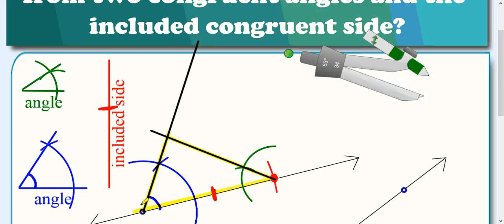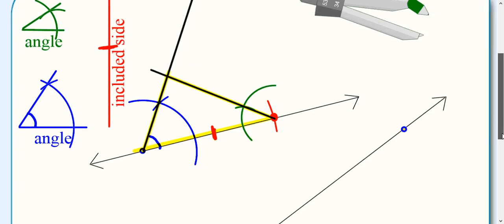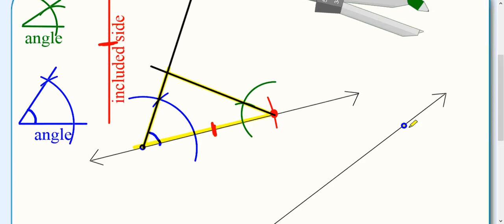So we're going to do the same thing on this other line. We're going to try to make it different. Last time I did blue angle on the left and green angle on the right. We'll switch that around. So let's do the green angle over here on the right. Try to make it different.